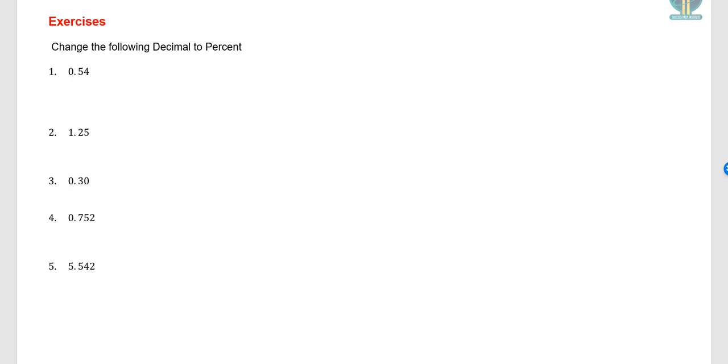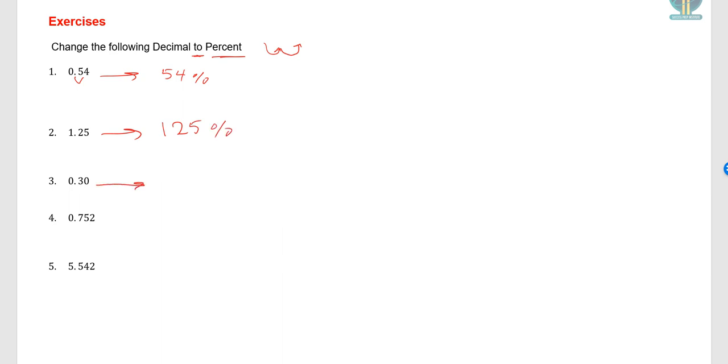Okay, so converting the following decimals to percent. This is going to be very quick, right? So 0.54, again, converting to a percent involves moving the decimal point 2 places to the right. So 0.54 is 54%, right? 1.25 is 125%.